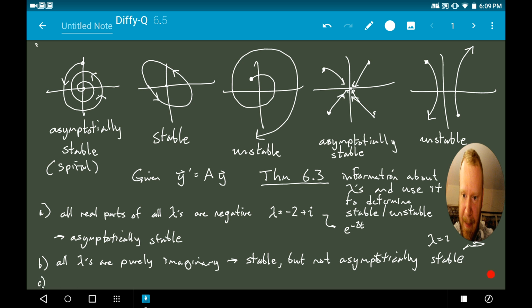The last possibility would be that at least one part of lambda is imaginary.